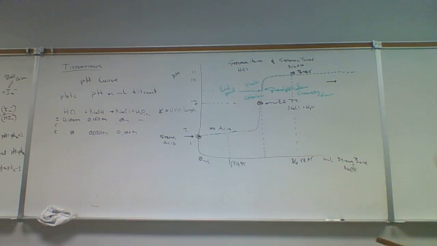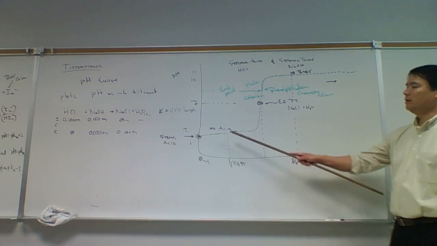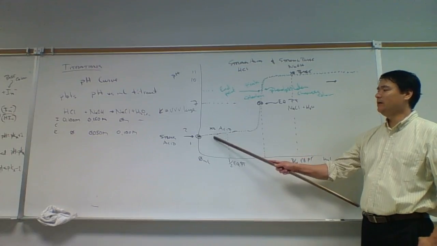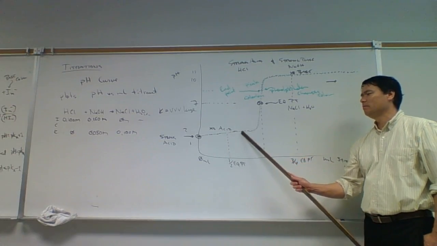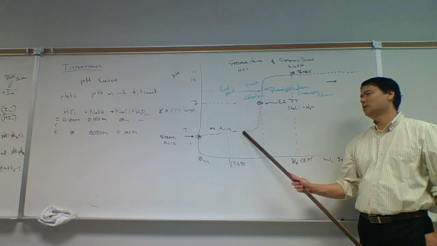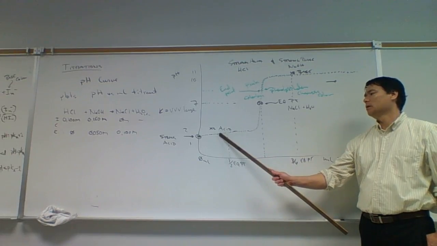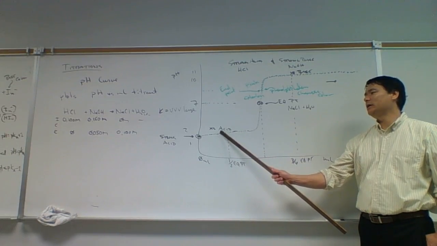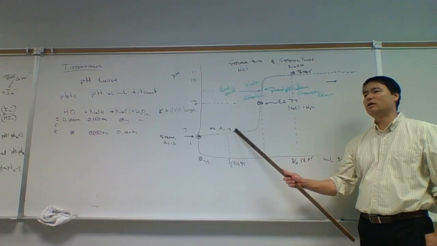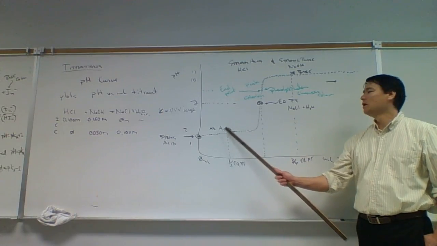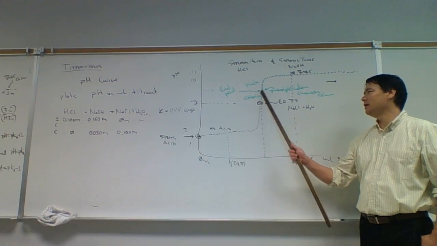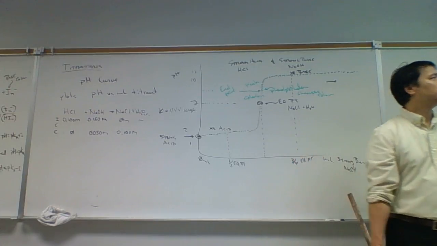Well, if we had a huge error in pH here, there'd be a huge error in volume because pH doesn't change much here. And so even a tiny error in pH here means a big error in volume potentially here. But a big error in pH here means just a tiny error in volume.